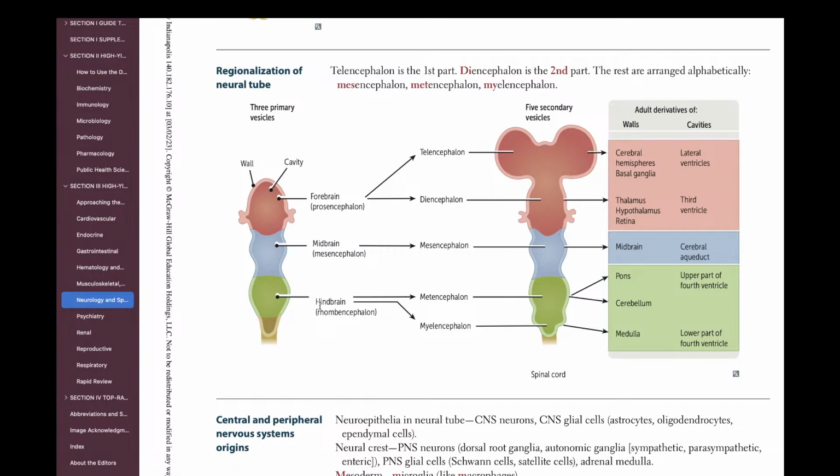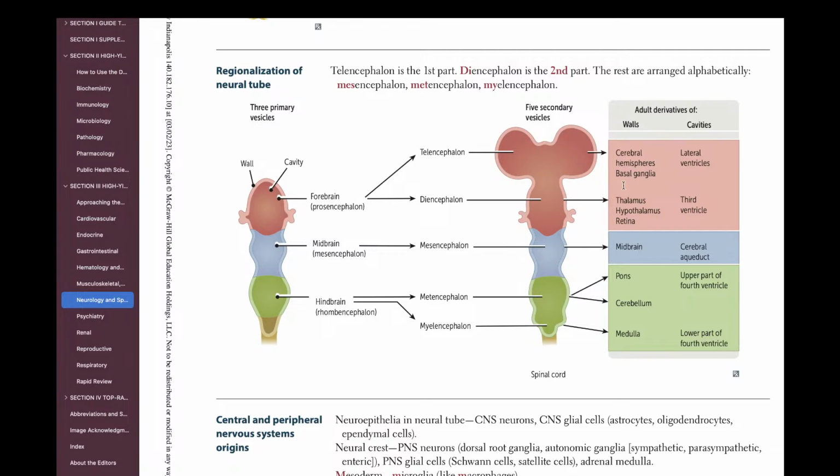Forebrain, midbrain, hindbrain. Okay. The mesencephalon just stays the mesencephalon, and then the hindbrain becomes the metencephalon and the myelencephalon, which then becomes the medulla. The pons and the cerebellum are from the metencephalon. The midbrain is from the mesencephalon, and the thalamus, hypothalamus, and the retina come from the diencephalon.